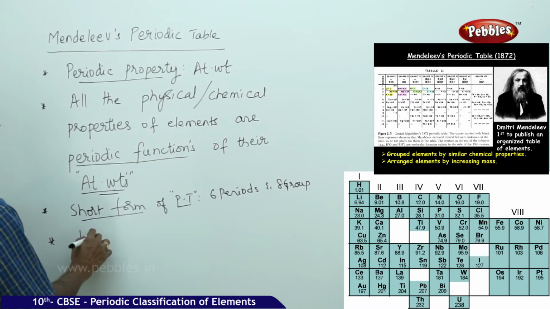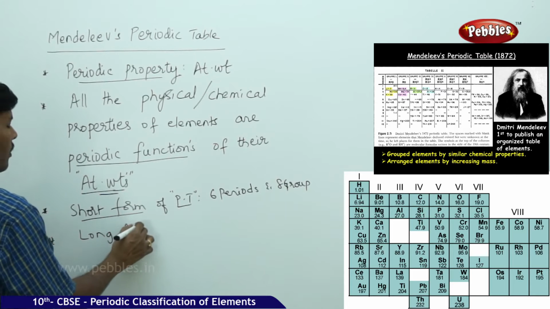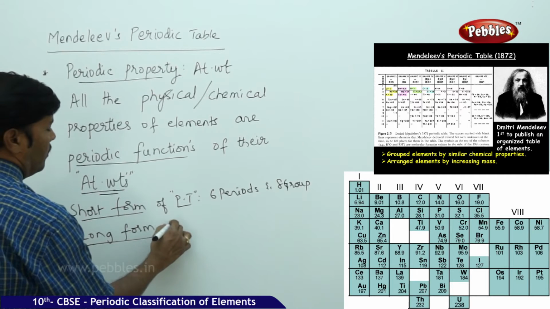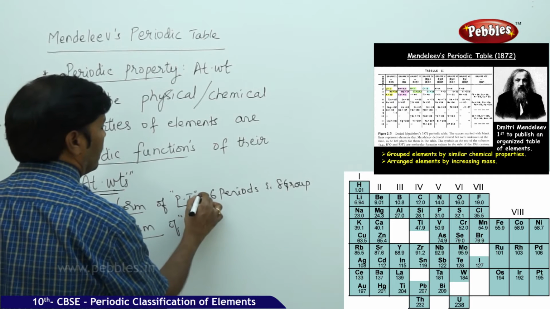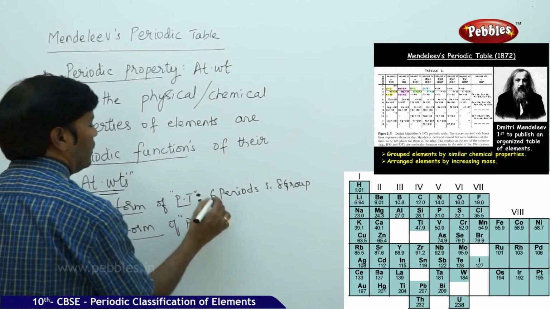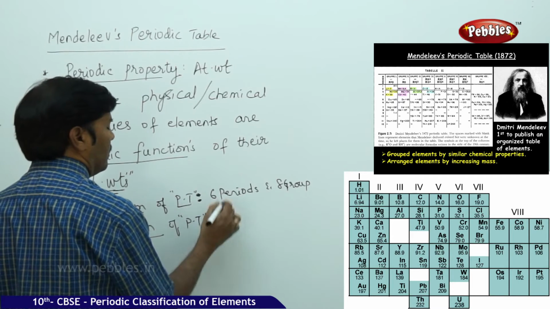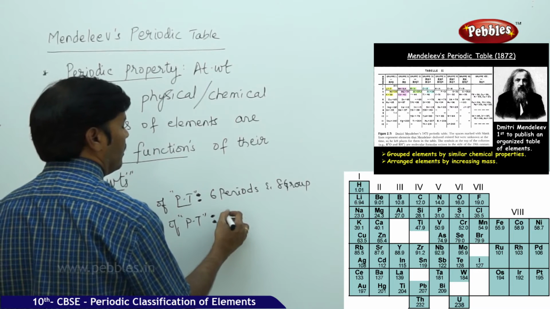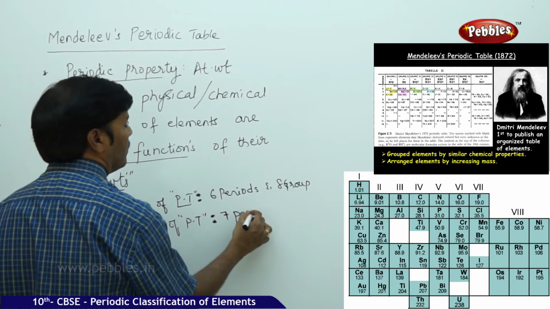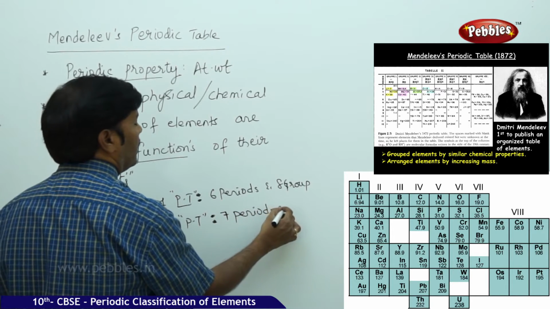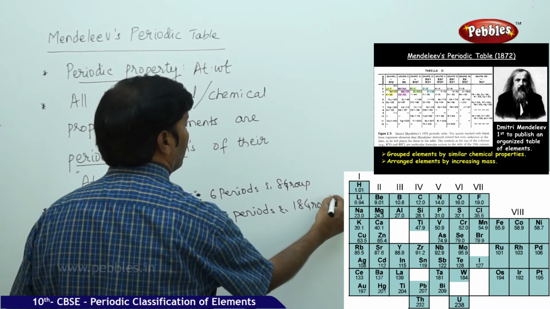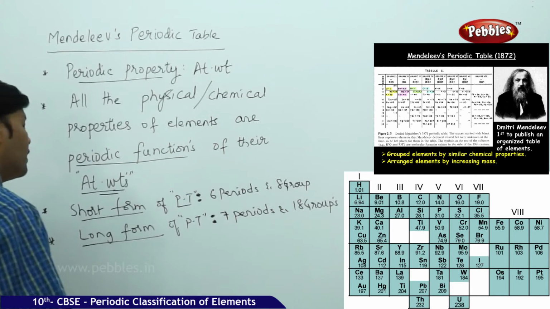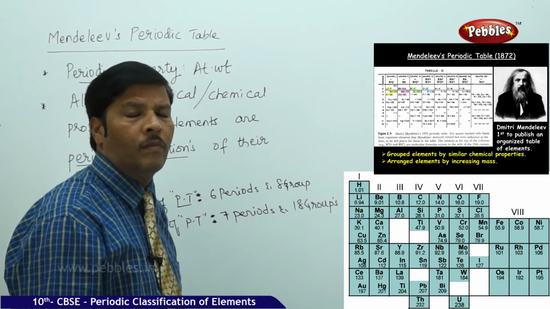According to Mendeleev, the long form of periodic table contains 7 periods and 18 groups.